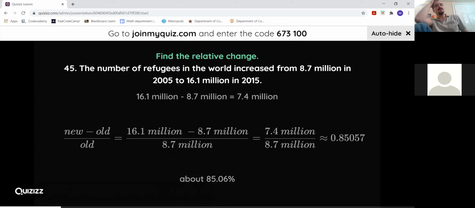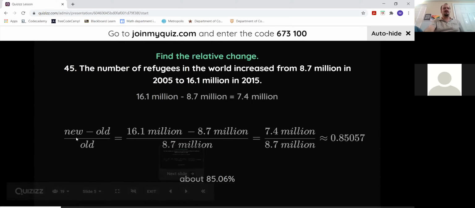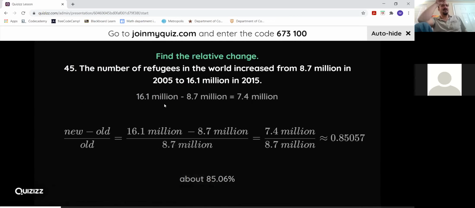So find the relative change. Okay, so if you remember new minus old over old, or I think the other one is compared minus reference. Is that what they call it? Over reference. I believe that's the other verbiage the book uses. But if you just remember new minus old over old. New minus old over old works if we have basically time stuff.